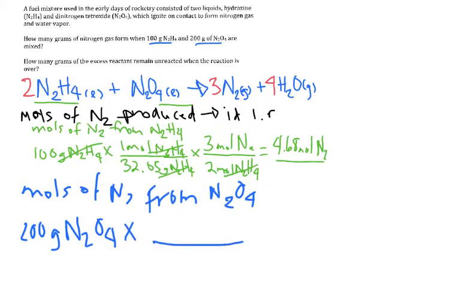Well, you can use the molar mass to find the number of moles of dinitrogen tetroxide. The molar mass for this is 92.02 grams for every 1 mole.